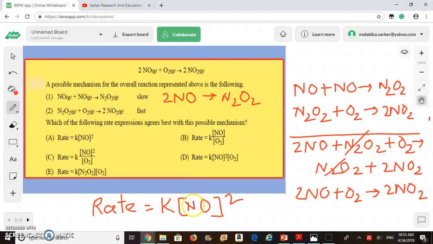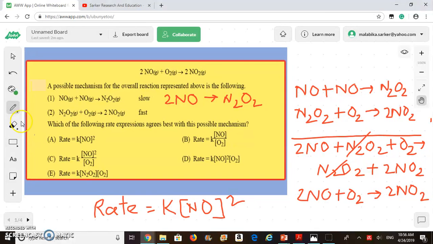So this is the best rate expression for this mechanism of reaction. So now let us quickly check this out. You can see that answer choice A is exactly what we have found. Rate equals K times NO to the power 2. So we can say that this is the right answer choice.